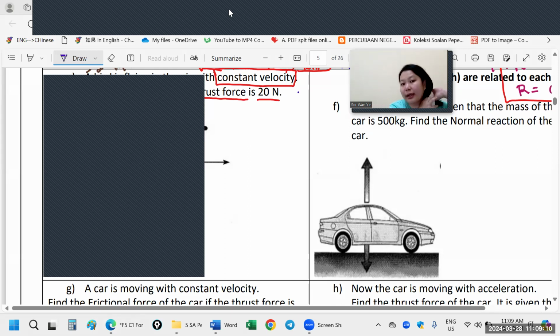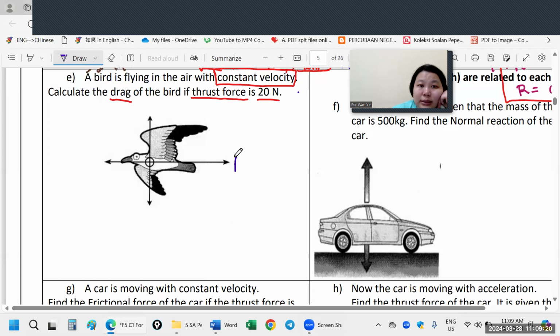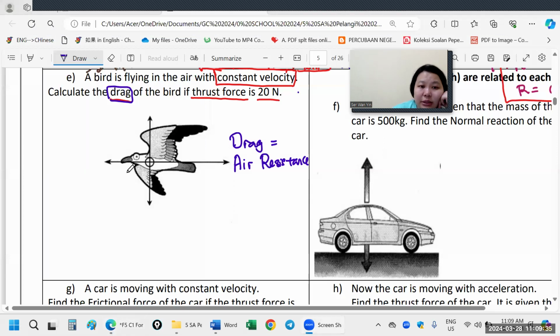Yeah, right, air resistance, very good. So this is air resistance. In this case, the drag is air resistance. Okay.